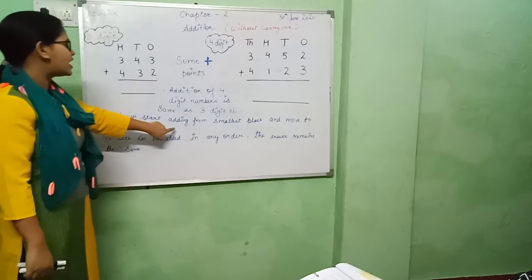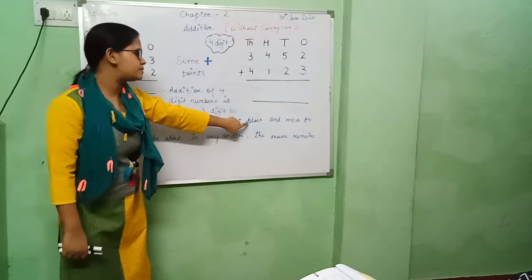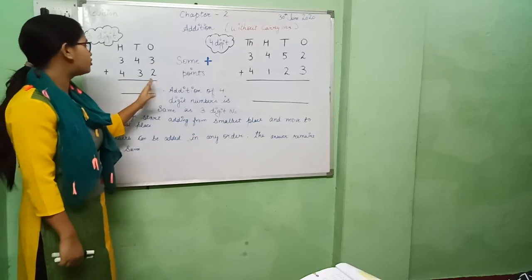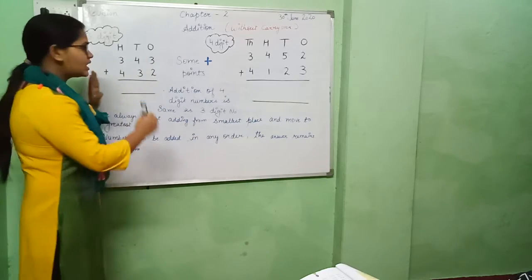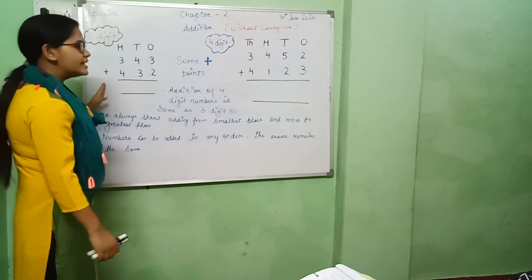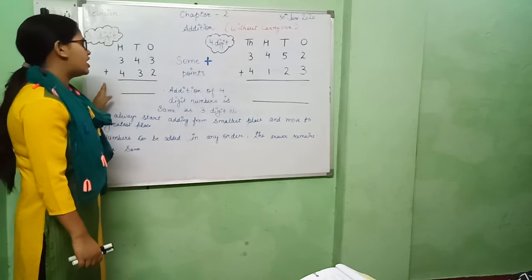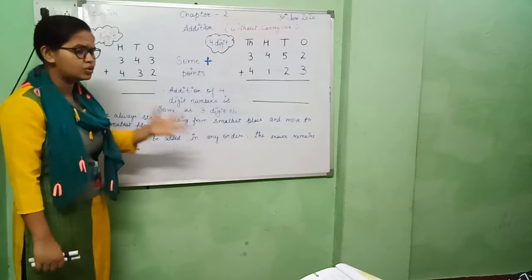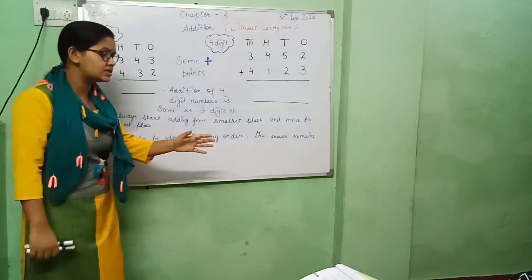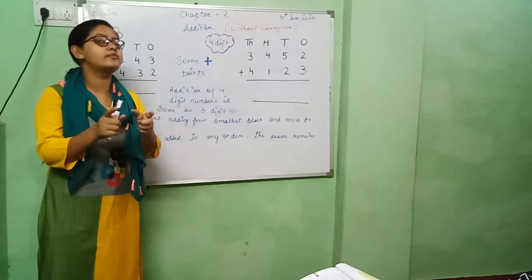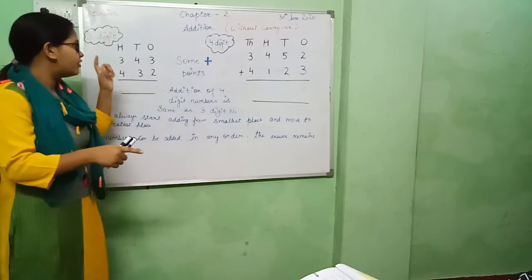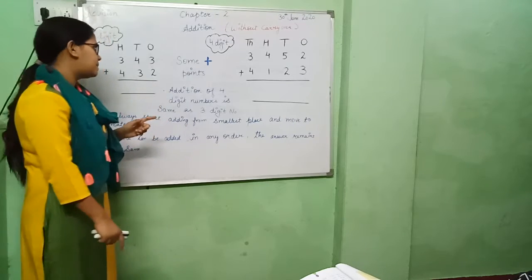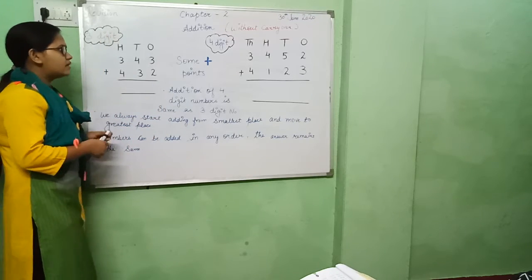We always start adding from the smallest place and move to the greatest place, which means we start from our right and move to the left. Whether we have a 2 digit, 3 digit, 4 digit or 5 digit number, students, you have to remember this: we start from our right side, which means from the smallest side.